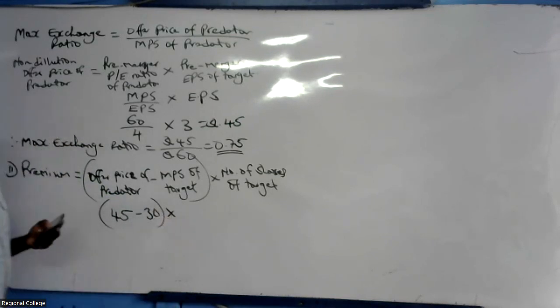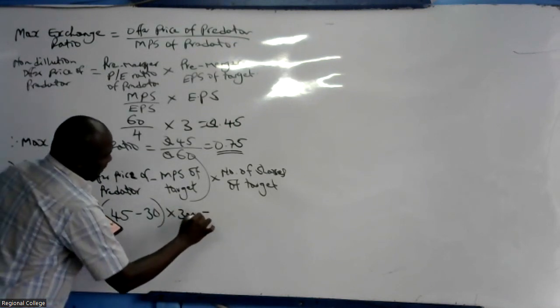That is the premium per share. Then you multiply by the number of shares. How many shares does B Limited have? 3 million.